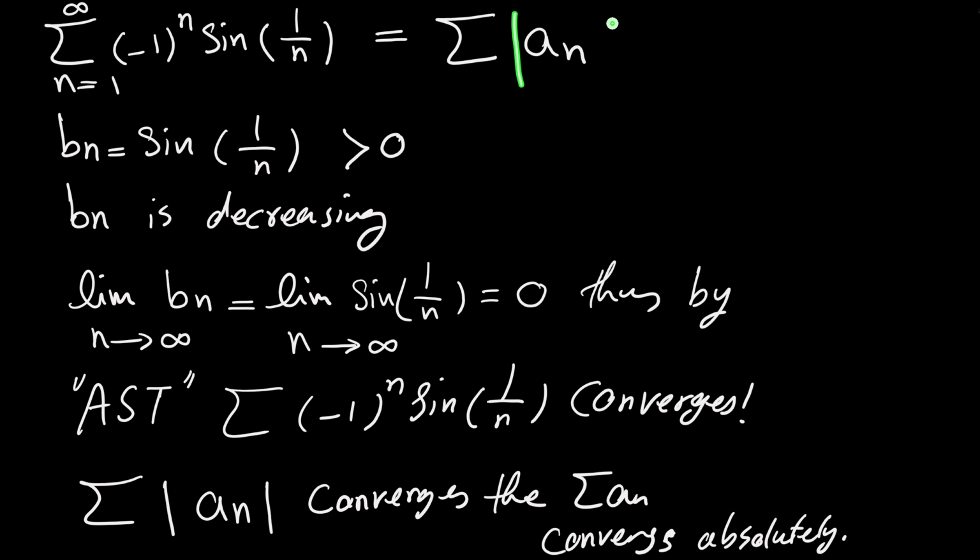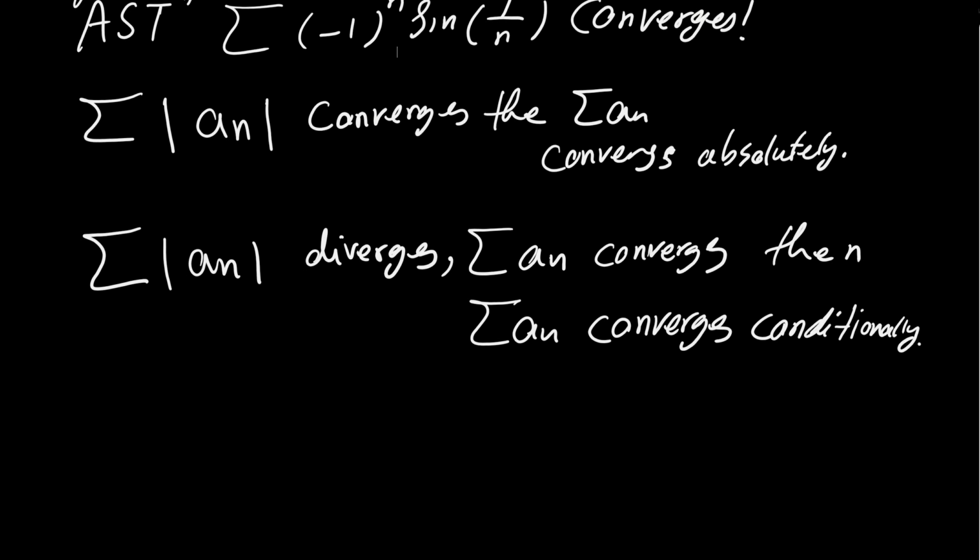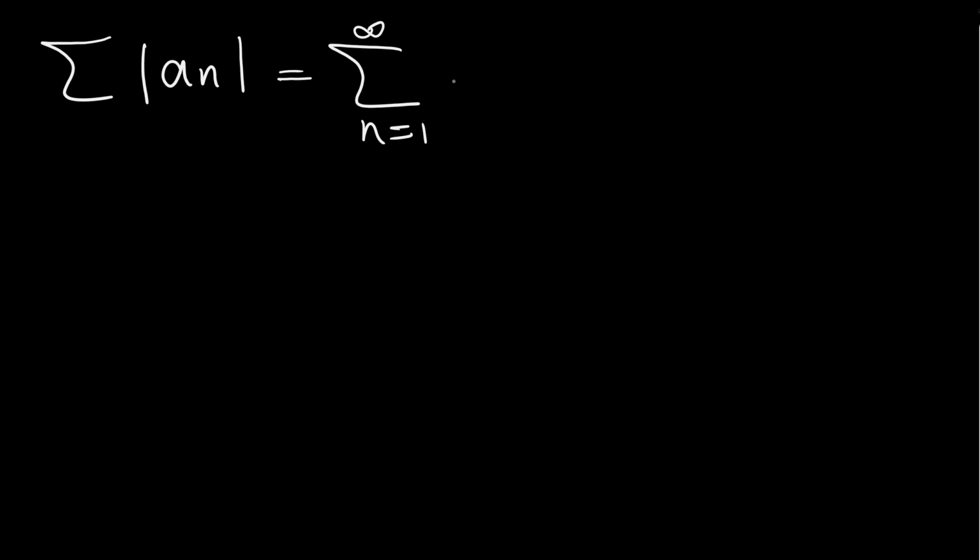So what is sigma absolute value of an? It's just sigma sine of 1 over n. Now let's evaluate sigma absolute value of an, or sigma sine of 1 over n.